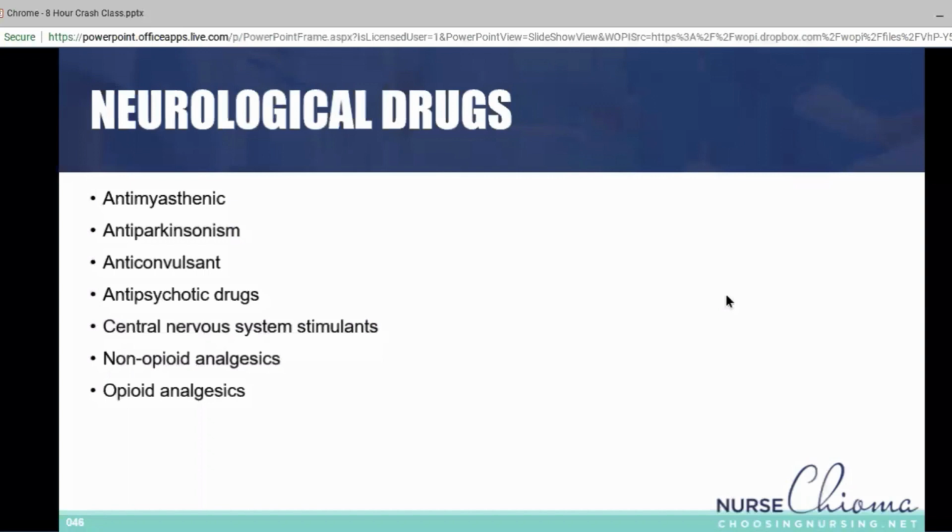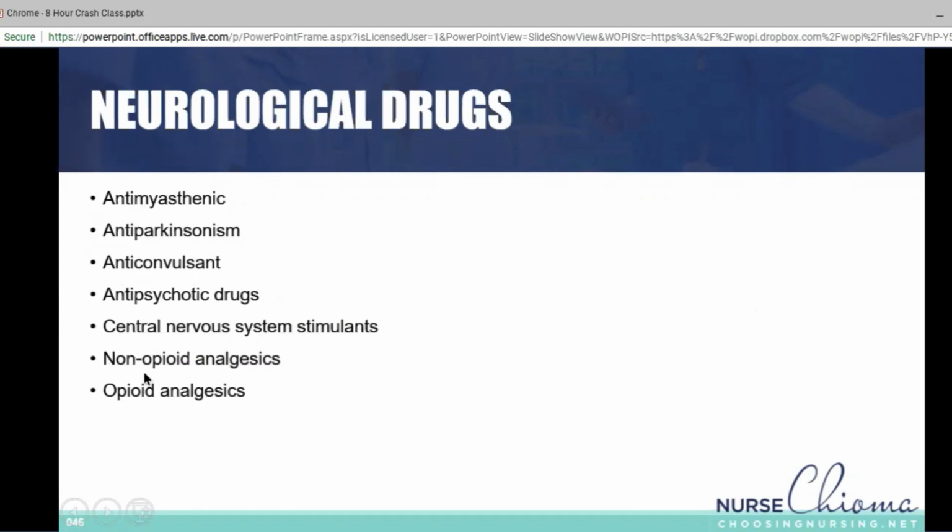Central nervous stimulants. With central nervous stimulants, there's actually a lot that falls under it. It does cover a lot of these drugs already within this category. So central nervous stimulants can include, actually, bronchodilators.